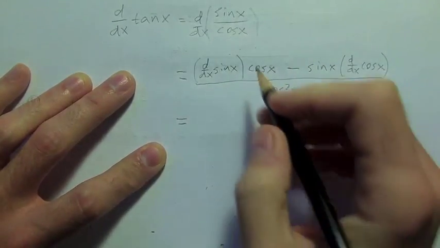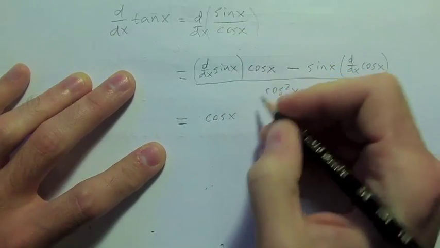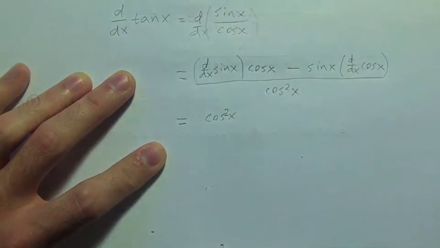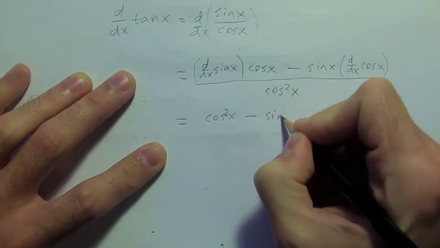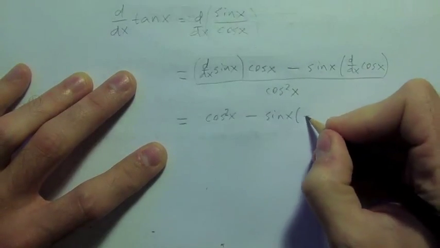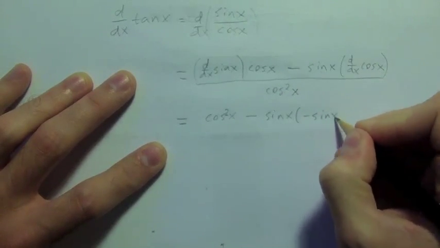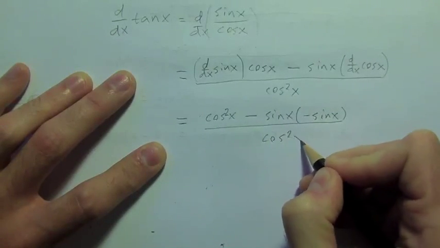So this ends up being the derivative of sine we found was cosine. So we have cosine times cosine, so we get cosine squared. Minus we have sine x times the derivative of cosine, which we found was negative sine x. Still all over cosine squared.